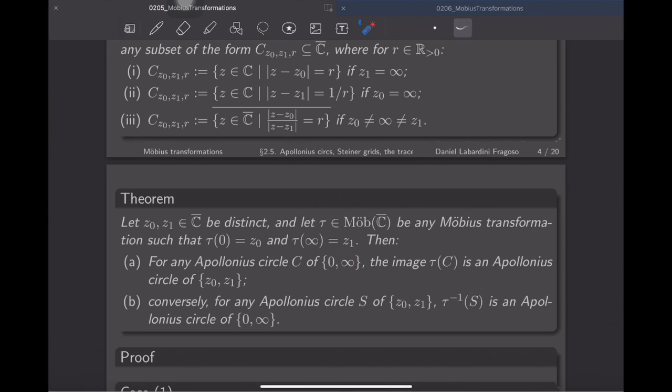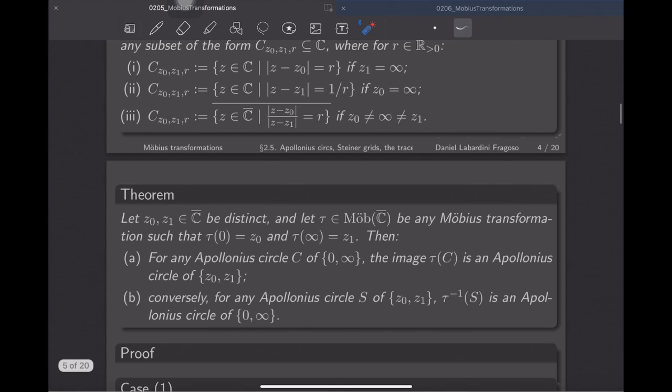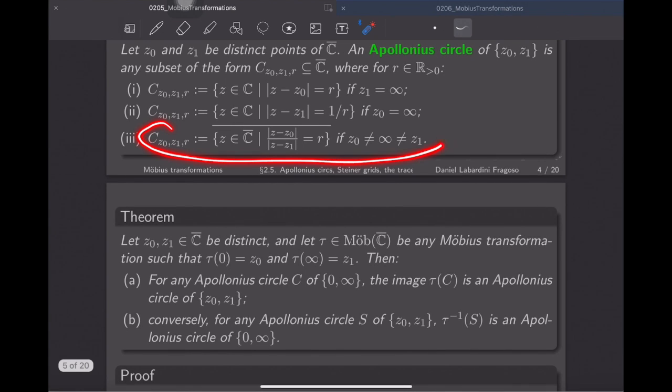And conversely, if I take an Apollonius circle of my pair of points, then when I use tau inverse to recenter things around 0 and infinity, I obtain an Apollonius circle of 0 and infinity. So these are indeed circles in C bar.